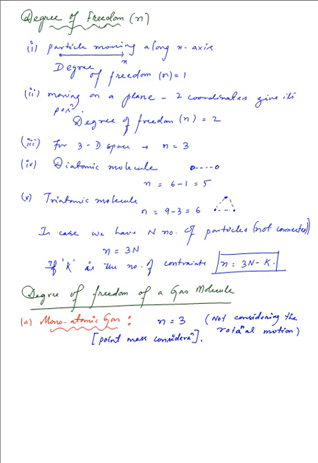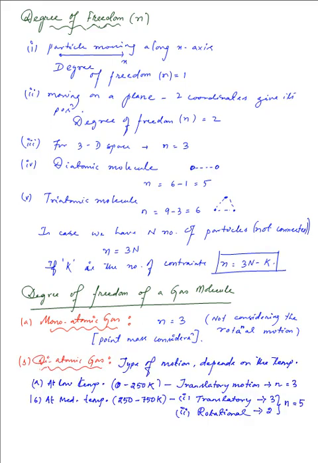Now we also have the case of diatomic gases. In case of diatomic gases, the type of motion depends on the temperature, and at low temperature the gaseous molecule only executes translatory motion, and as a result the degree of freedom in that case is 3.